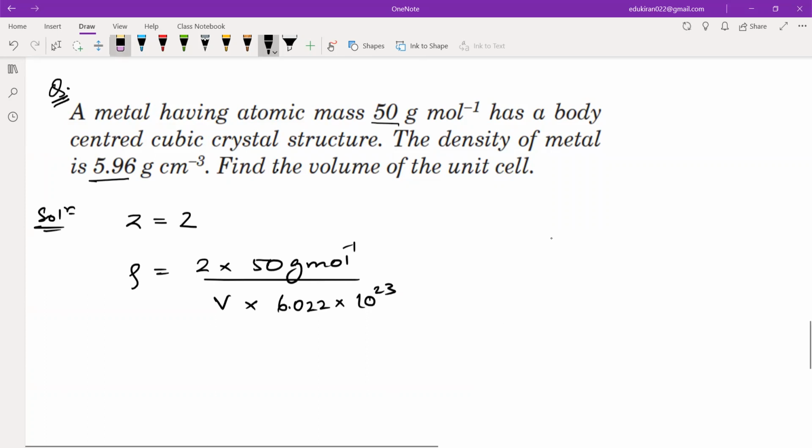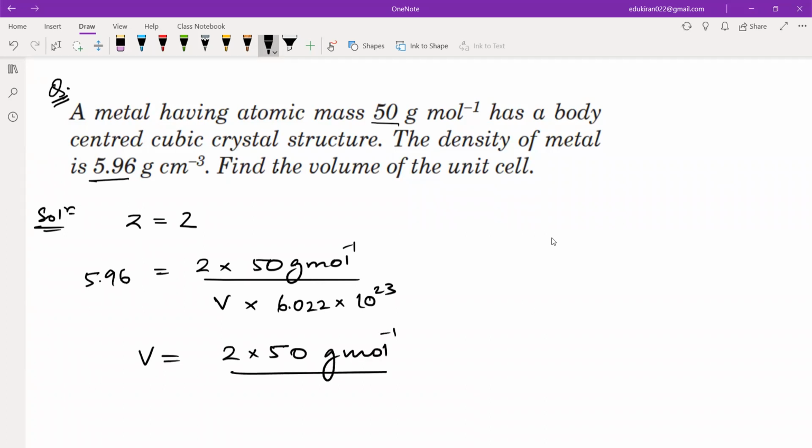And then you also have the density 5.96, right? So you need to just substitute the values: 2 into 50 grams per mole divided by 5.96 gram per centimeter cube into 6.022 into 10 to the power 23 per mole.